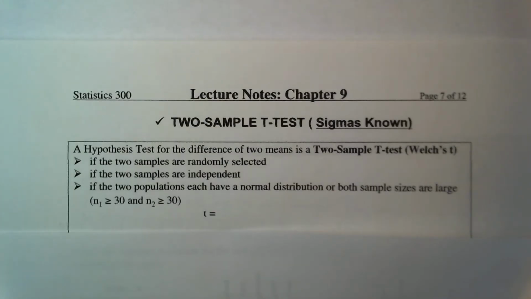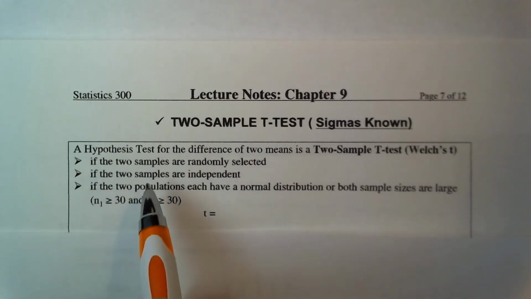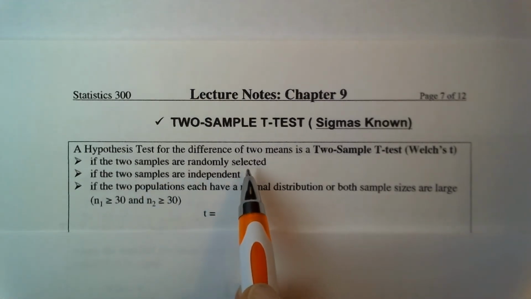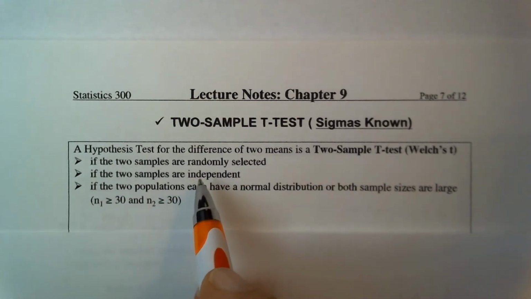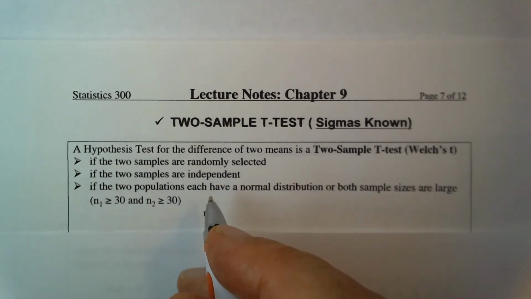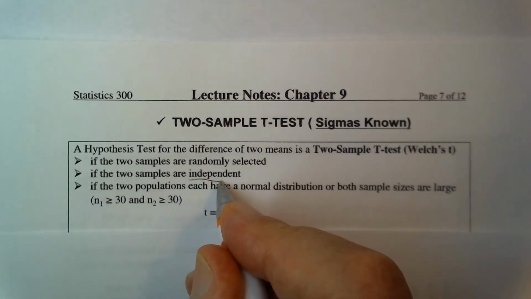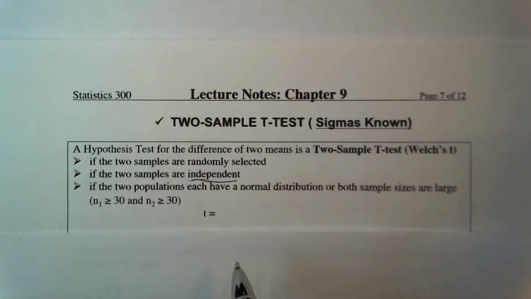So first we're going to look at a two-sample t-test where sigmas are not known. And so here are the conditions. A hypothesis test for the difference of two means is a two-sample t-test if the two samples are randomly selected, if the two samples are independent, and if the two populations have a normal distribution or both our sample sizes are large, like n1 equal to 30 and n2 equal to 30.